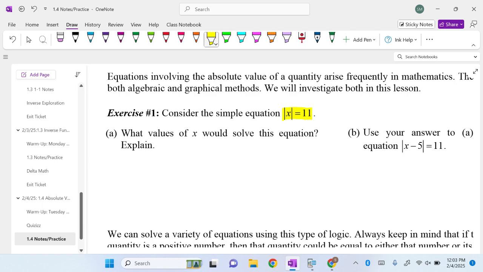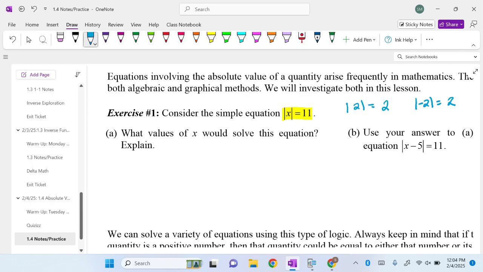For example, what is the absolute value of 2 equal to? 2. What about if you took the absolute value of negative 2? Positive 2. So essentially, if you take the absolute value of something, all it does is make it positive, regardless of if it was originally positive or negative.